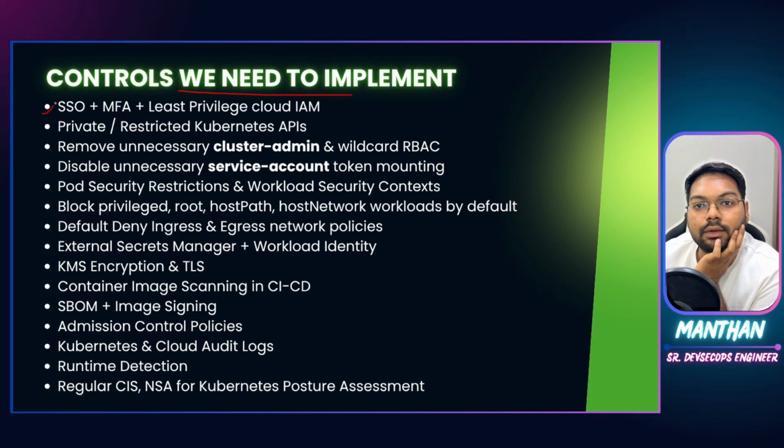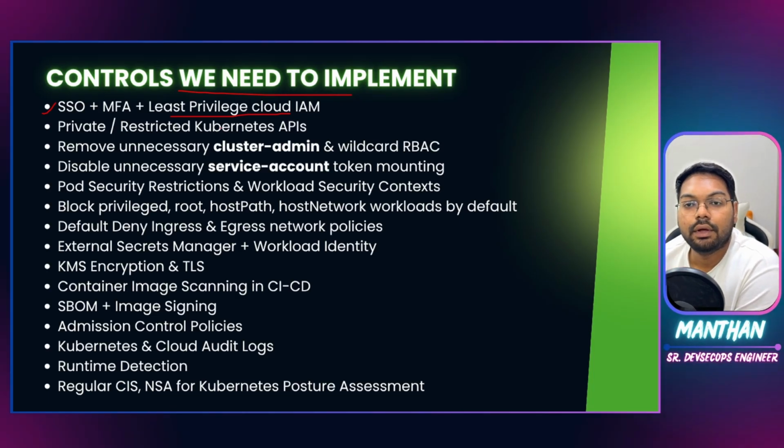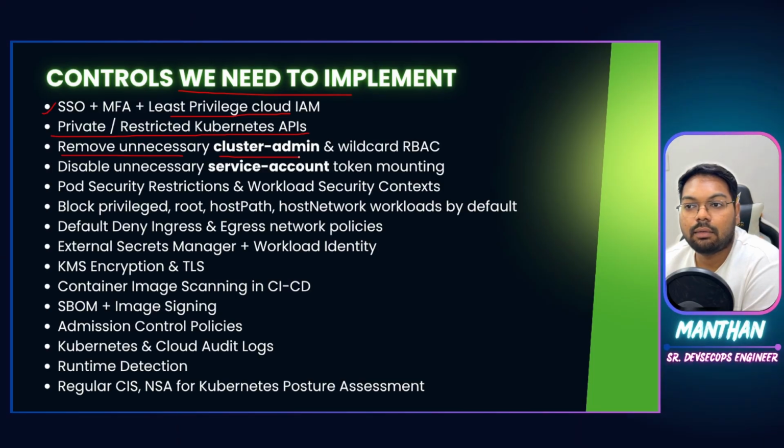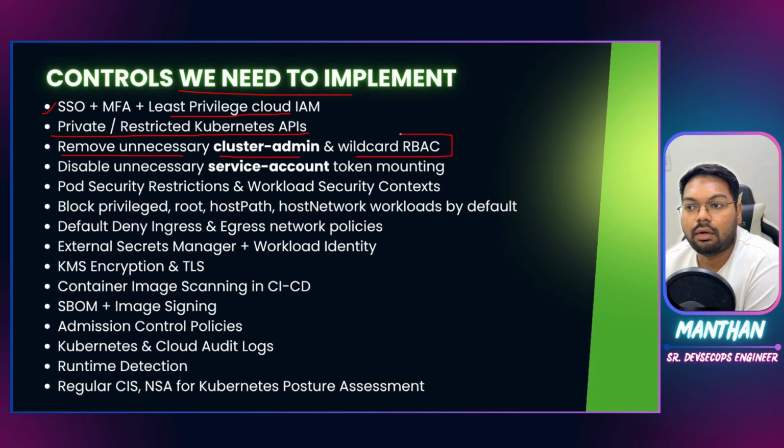So next are controls that we need to implement to secure our entire cluster architecture. SSO, MFA, least privilege, Cloud IAM principles, or roles, and the users in identity and access management. Then private or restricted Kubernetes API servers. Then remove unnecessary cluster admin and wildcard RBAC policies.